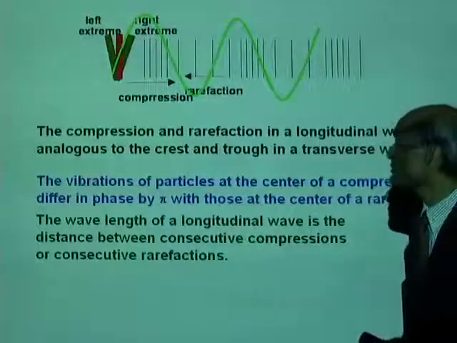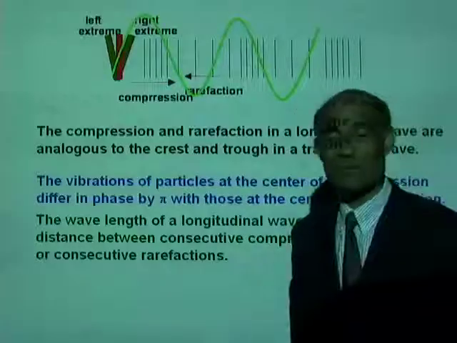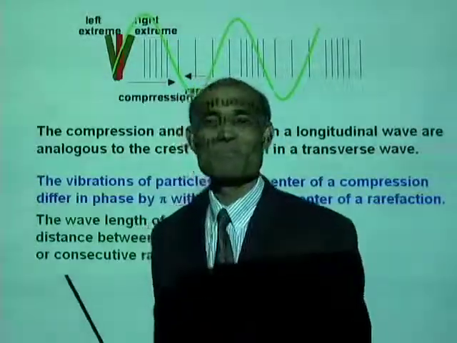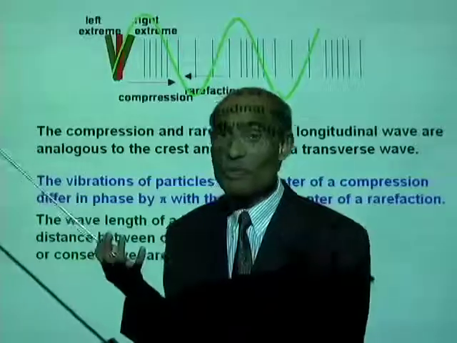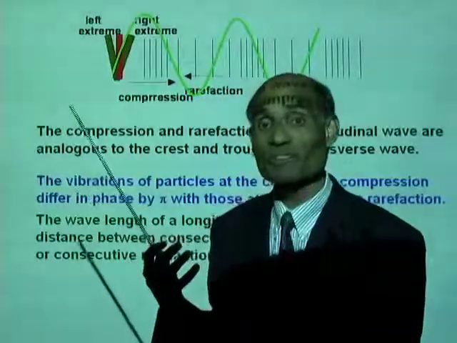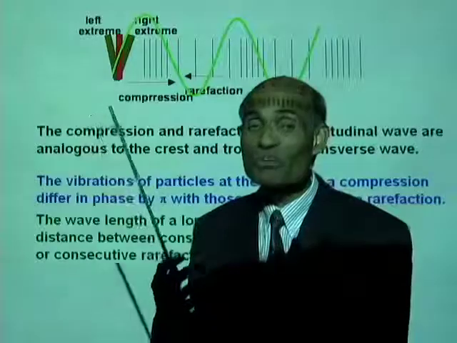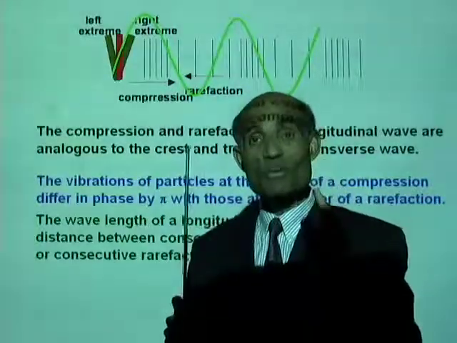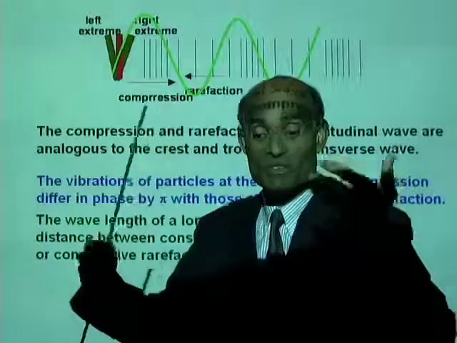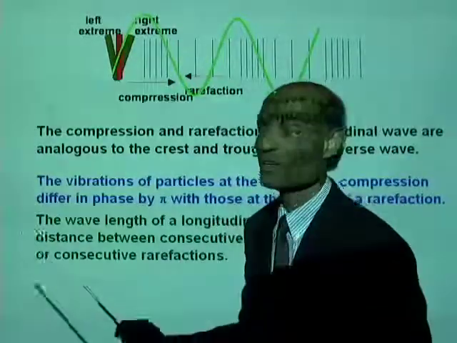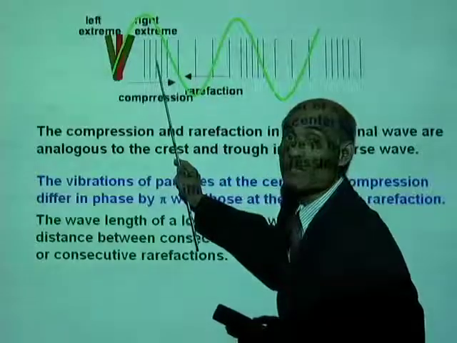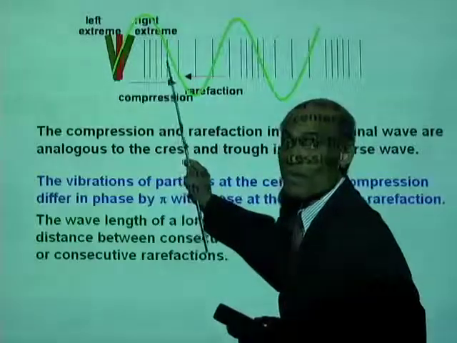The wavelength of a longitudinal wave. Can you tell me what is the wavelength of a longitudinal wave? Now, what is the fundamental definition of wavelength? The fundamental definition of wavelength is the distance between two nearest particles in the same phase of vibration. If you watch here, at the center of a compression, the particle is moving to the right.